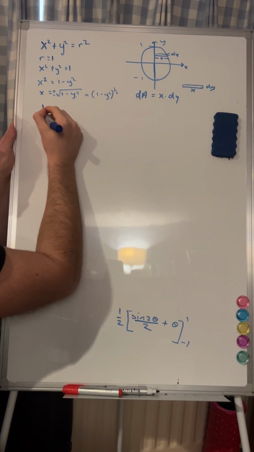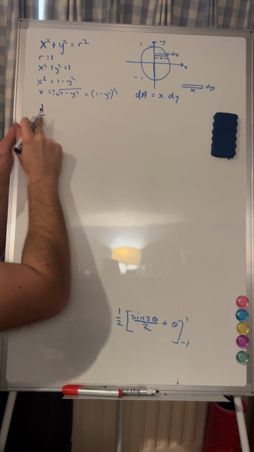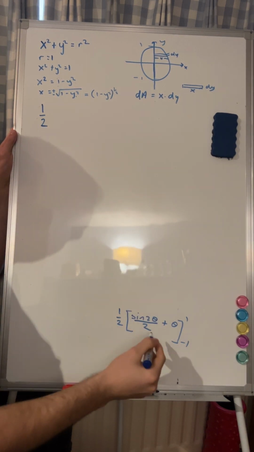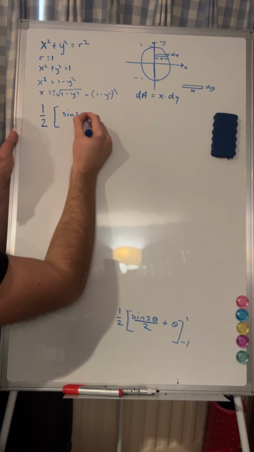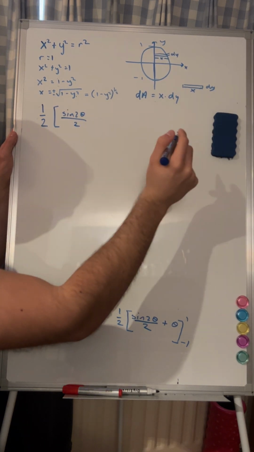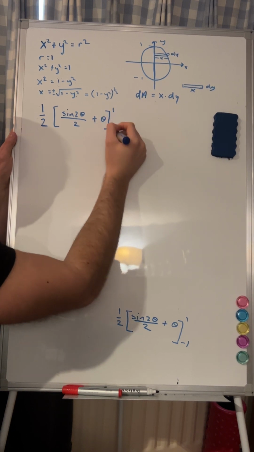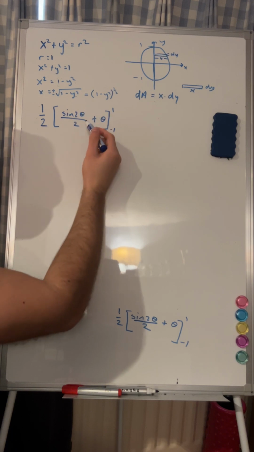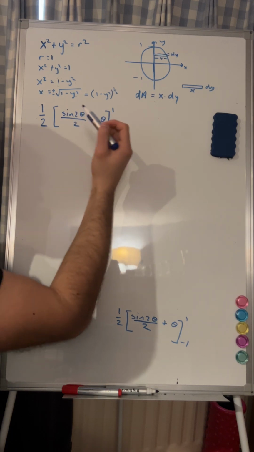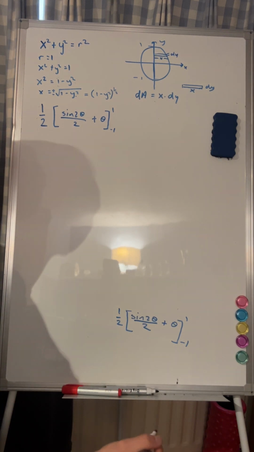So now we've got half sine 2 theta over 2 plus theta. But now we need to take a look at these boundary conditions, because obviously this integral where we use substitution is in terms of theta, but the boundaries are in terms of y.